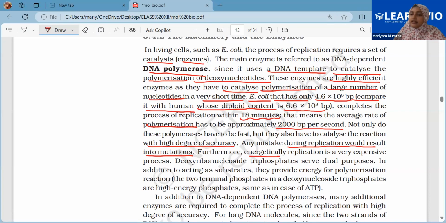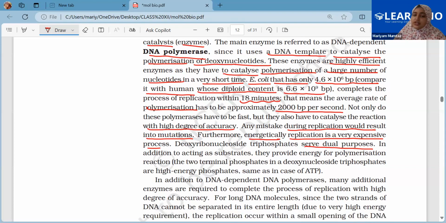Furthermore, energetically, replication is a very expensive process. It requires a lot of energy. Now, deoxyribonucleoside triphosphates serve a dual purpose. In addition to acting as substrates, they provide energy for the polymerization reaction. The two terminal phosphates in deoxynucleoside triphosphates are high energy phosphates, same as in the case of ATP.